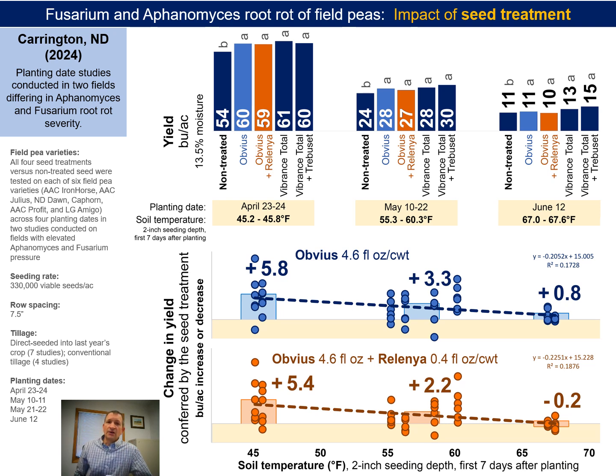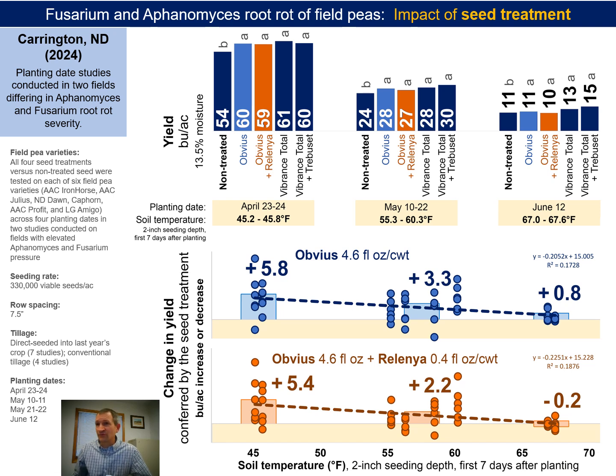Okay. Right away, what you can see is that seed treatments, while they help you, are not enough to compensate for the reduction in yield potential associated with planting late. Okay, our best yields occurred when we planted when soil temperatures were below 50 degrees Fahrenheit, average day and night in the first 7 days after planting. Okay, and notice they're not super cold.